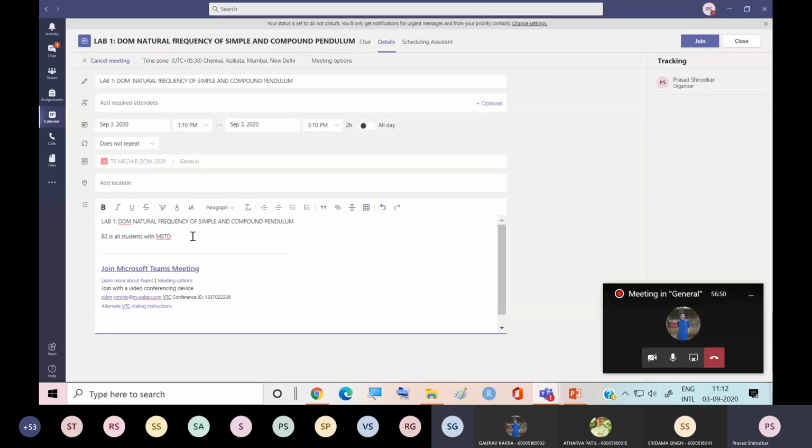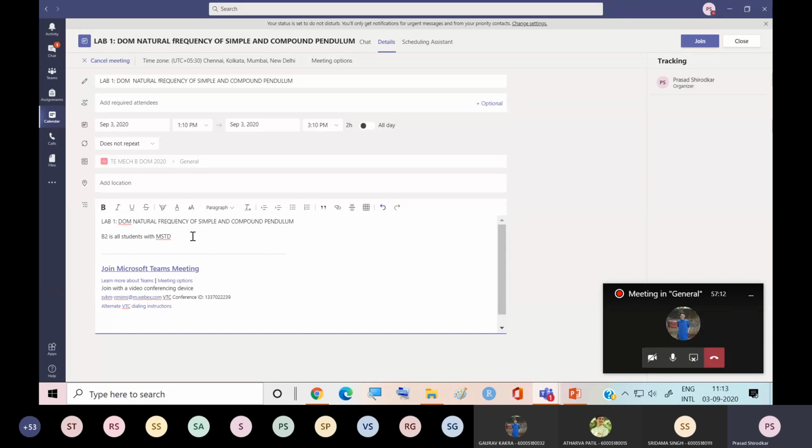Okay. So in today's DOM practical, we will be doing the experiment on simple and compound pendulum. The experiment will be demonstrated to you in the form of a video, and you have to record all your readings.